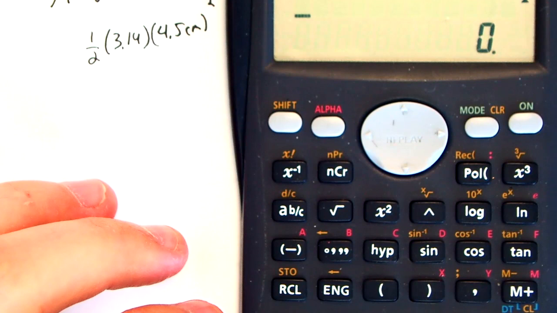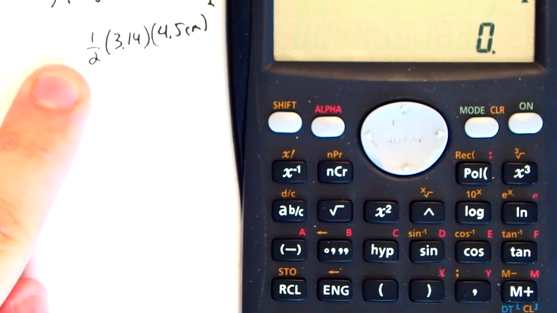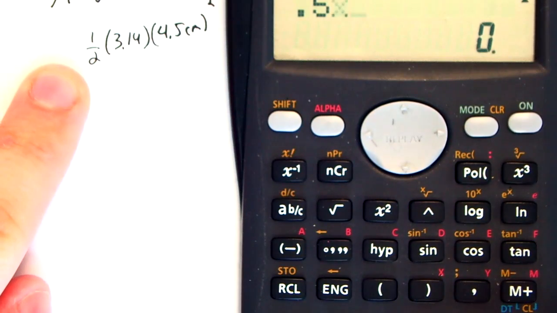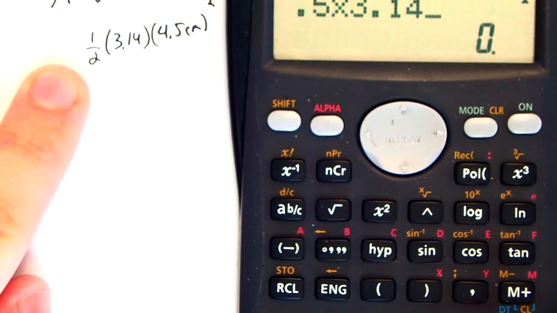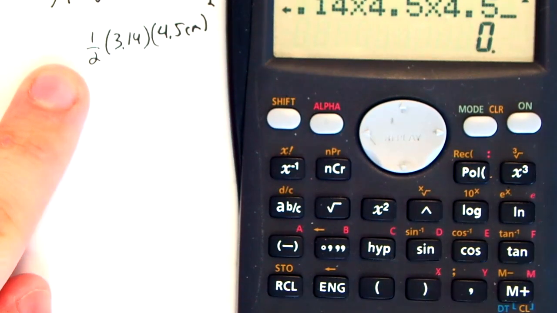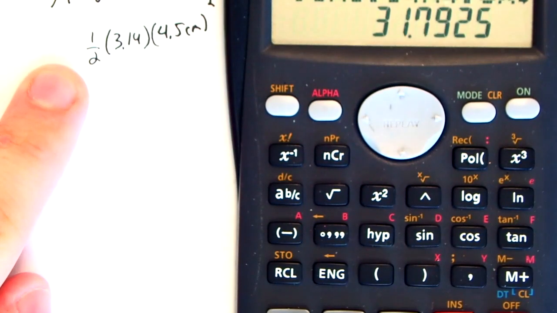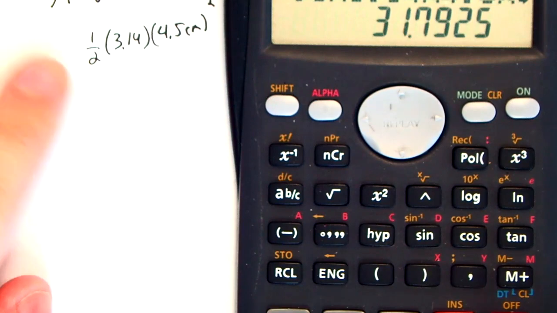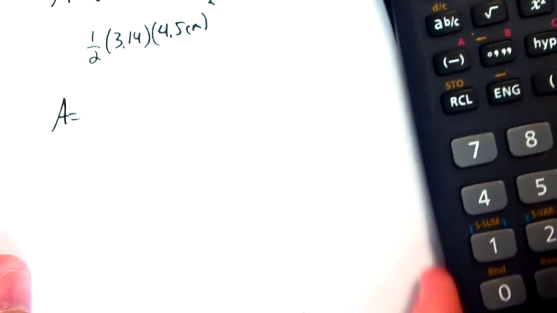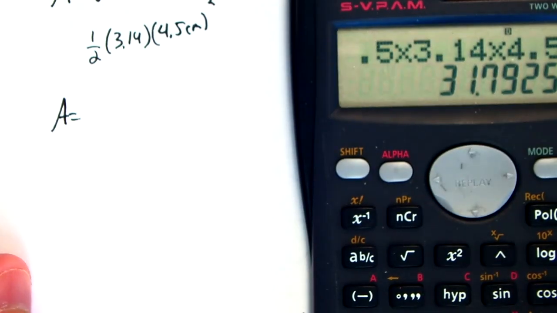All right. Now, on a calculator, we can do this, but 1/2 is 0.5 times 3.14 times 4.5 and 4.5 again. So we get 31.79. We want to round that to the nearest tenth.